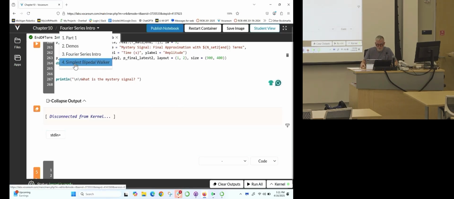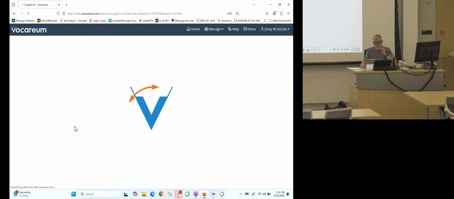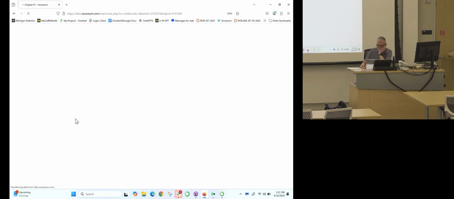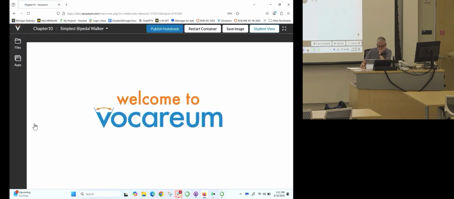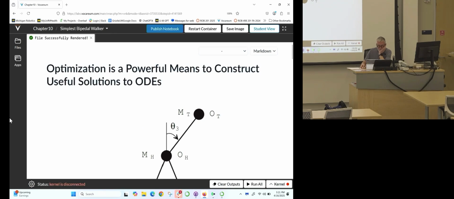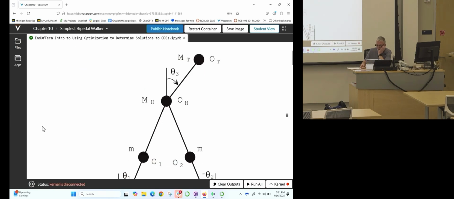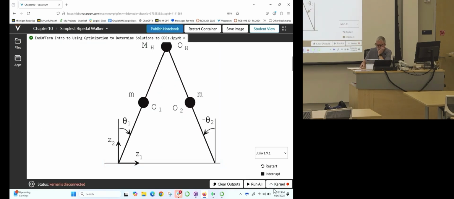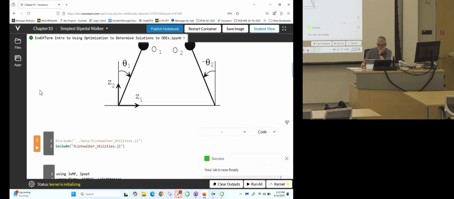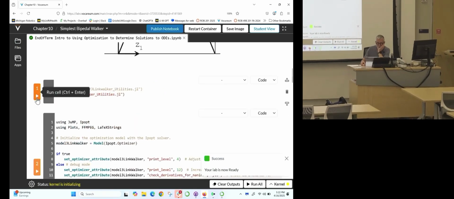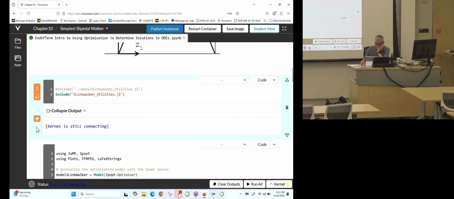Let's see if I can get this one to work. Yep, kernel's disconnected. No kernel to restart, thank you. Kernel is connecting.